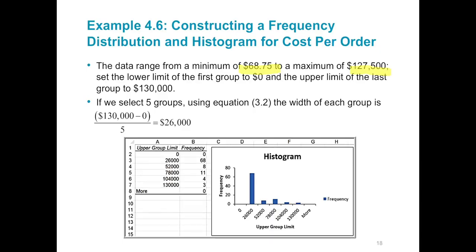And then if we select 5 groups, then using the equation, the width of each group is going to be your upper limit minus the lower limit divided by the number of groups, which is going to be $26,000. With 10 groups, you'll be dividing by 10, which means each group will be covering 13,000.